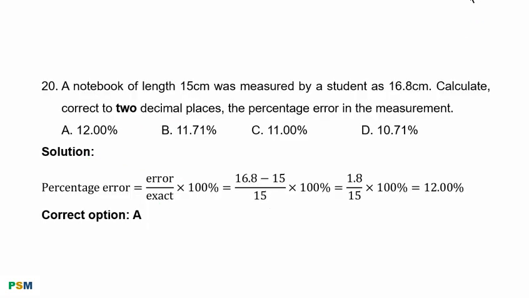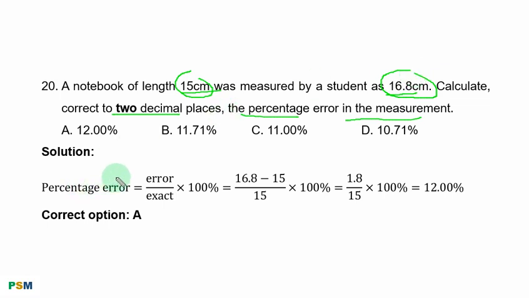Question 20. A notebook of length 15 cm was measured by a student as 16.8 cm. Calculate, correct to 2 decimal places, the percentage error in the measurement. From here, the exact value is 15, the wrong value is 16.8, in centimeters.